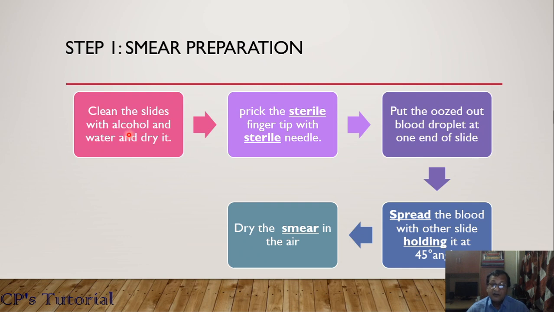The cleaning will be done with alcohol and water. Now it should be dried. Why? Because if it is not dried, then the heat fixation, that is the dry fixation of the cellular corpuscles, will not properly adhere to the surface of the glass slide.